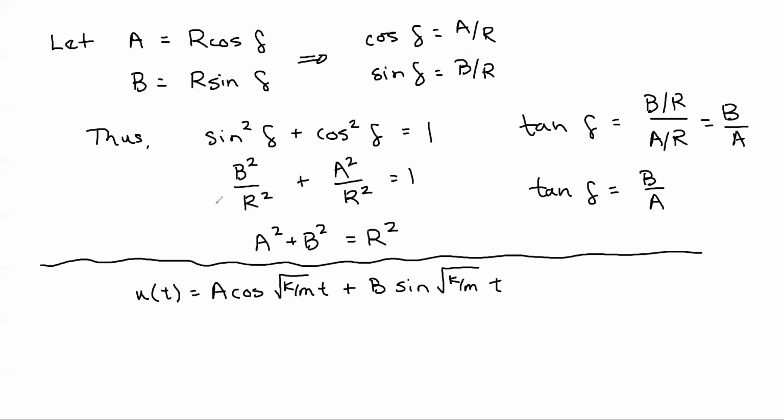And now we're just going to take this thing that comes out of nowhere and say, you know what, we're going to put r cosine delta where the a is. All right, so a is r cosine delta, the rest is the same. And where the b is, we're going to put r sine delta.